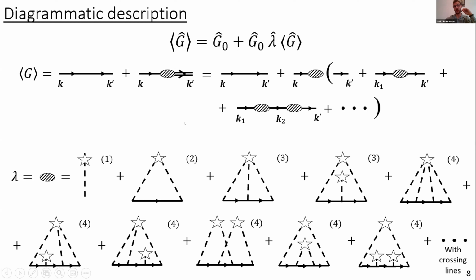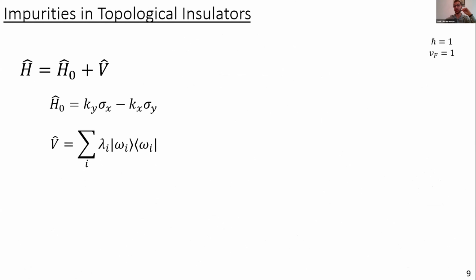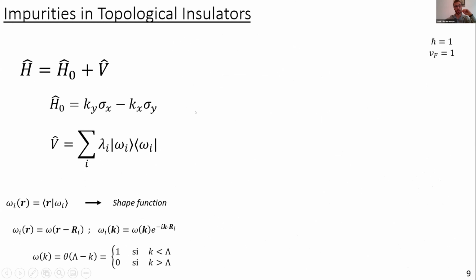And we are interested in calculating this self-energy. So how do we introduce the impurities in our topological insulator? We introduce them by non-local separable potentials, where for the shape function we choose a step function in the momentum space. And why is that?